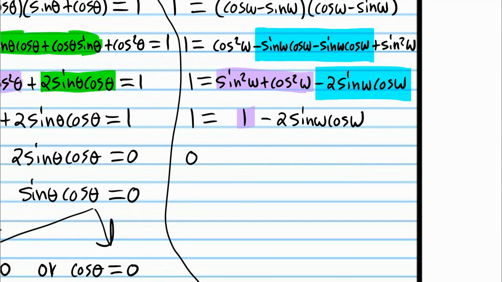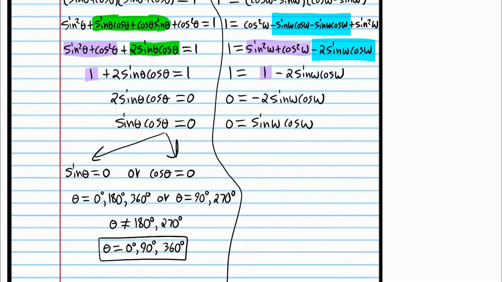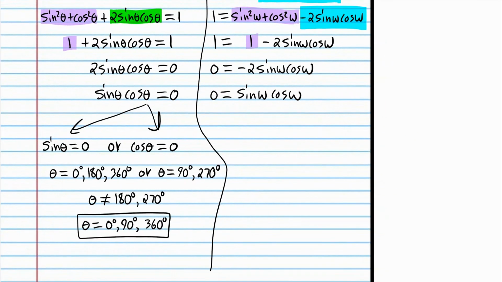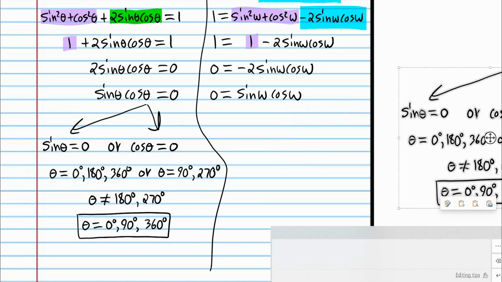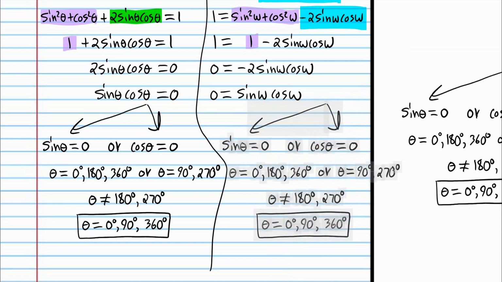Subtract 1 from both sides. Divide both sides by -2. And you can see that we get the same situation. We have sine times cosine, so we're going to have the same exact solutions. So what we can do is just copy all of these solutions. Now we don't know exactly which ones are extraneous and which ones are real solutions, but I'm just copying this so I don't have to rewrite all that stuff.